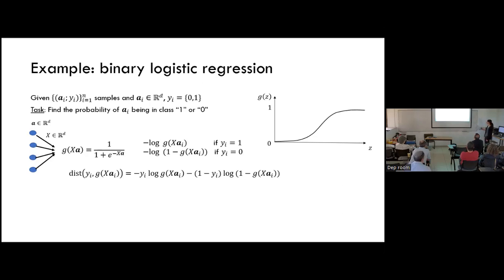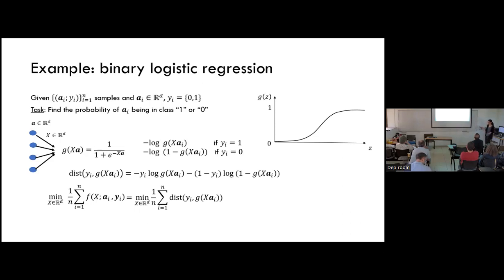In the end, I'm building some kind of distance between y_i and my function, and I want my function to be as close as possible to y. So the minimization process I'm doing is to minimize with respect to this distance, summing over all my samples.